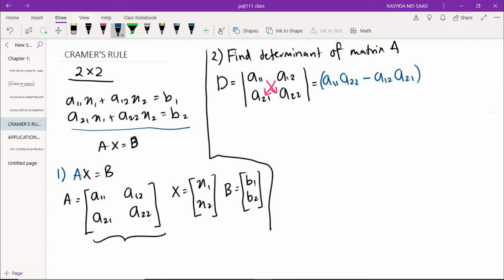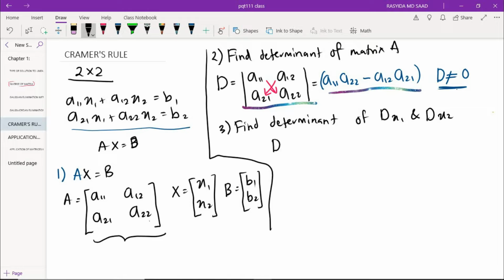Then find the determinant of x1 and the determinant of x2. So how are we going to find the determinant of x1?